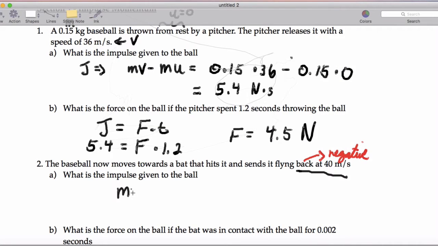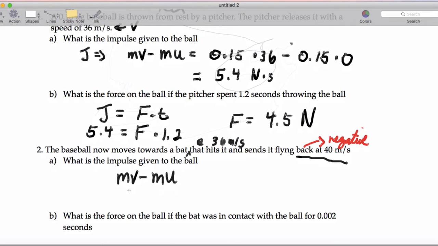Once again, it will be mv minus mu, since all we have is the final velocity. The other point we want to make is, since the ball is going towards the bat, I should have been clearer that this was happening at the 36 meters per second we calculated above.